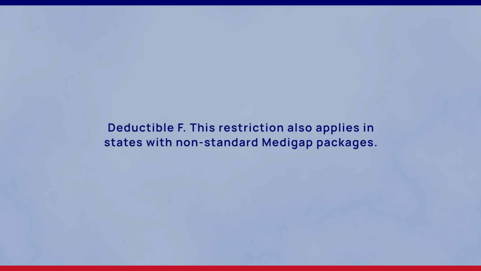However, individuals who were already enrolled in a plan that covers the Part B deductible before this date may remain in their plan. Those who became eligible for Medicare before 2020 may continue to enroll in plans that cover the Part B deductible.